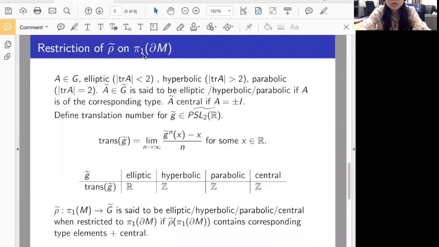Now we restrict rho tilde to the boundary of M. Recall that for matrices in PSL2R, there are 4 types: elliptic, hyperbolic, parabolic, and plus or minus identity. A matrix is elliptic if the absolute value of its trace is smaller than 2. And an elliptic matrix acts on S1 by rotation, so there is no fixed point.